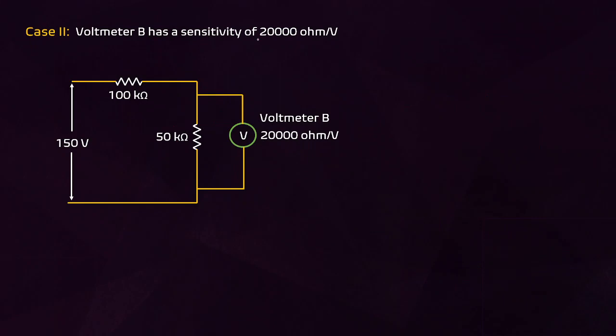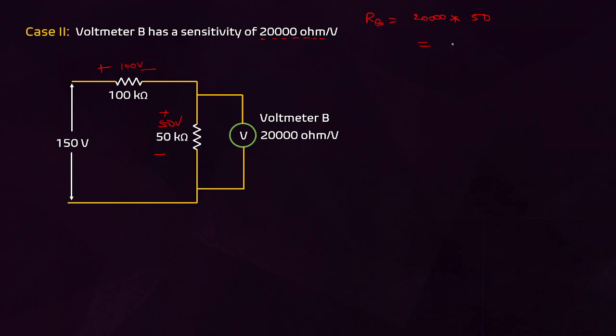Fine. Let me take case 2, where the voltmeter sensitivity is 20,000 ohm per volt. So if we find the voltmeter internal resistance RB, it is 20,000 into 50 volt, right? Just before we got the voltage across it, this is 50 volt and this is 100 volt. It was calculated initially.